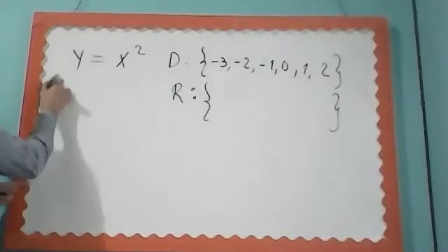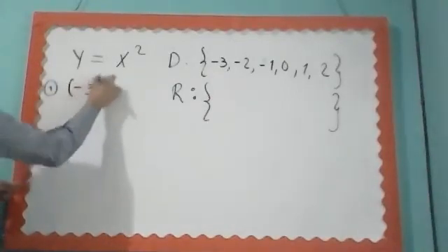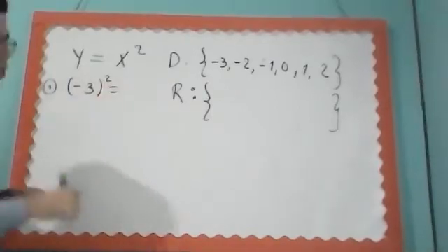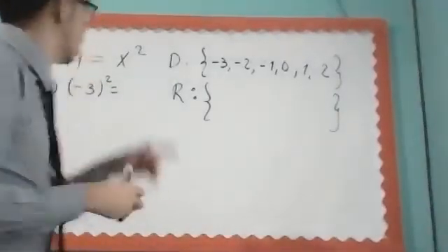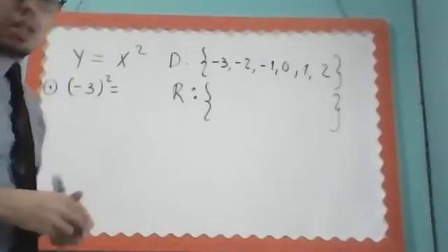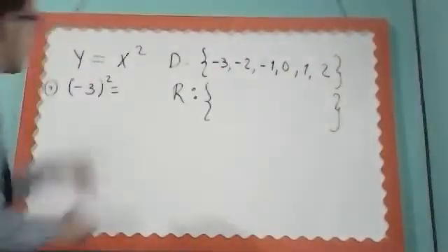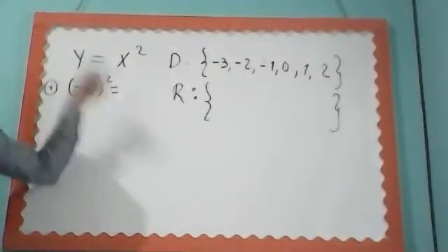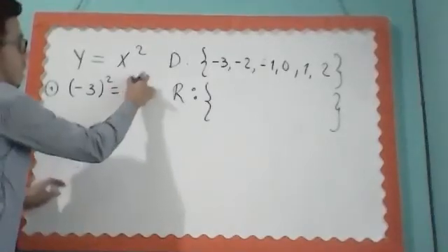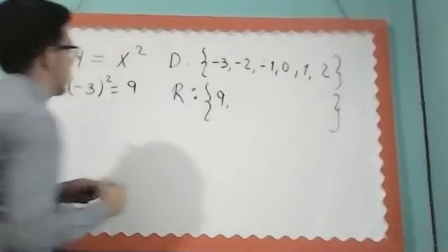If you write -3 squared, you obtain 3 times 3 is 9, right? But it is positive because you are going to multiply negative times negative. So for the first, I have 9.